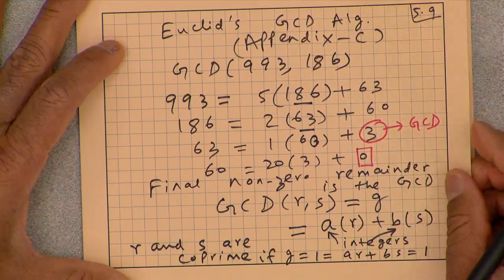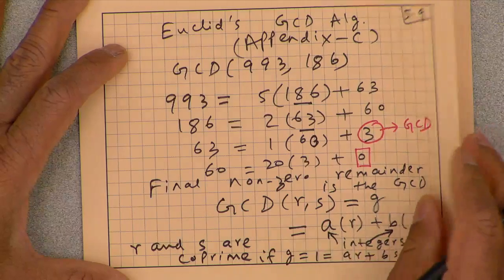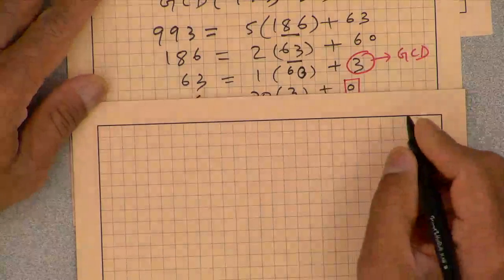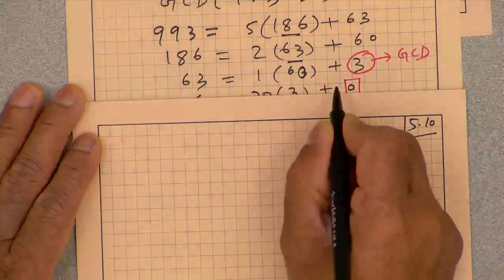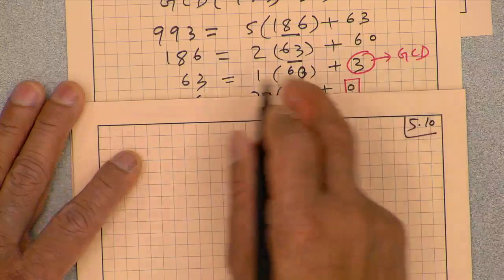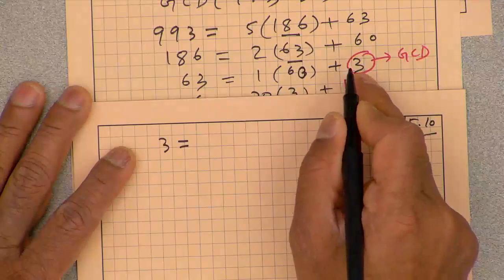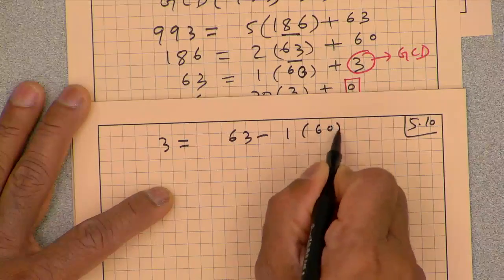Okay, so how do I really prove this GCD can be expressed in this form? Let's take this example here. I want to express 3 as a linearly weighted sum of these two numbers. Here is how I start. 3, the last non-zero remainder, is equal to 63 minus 1 times 60.